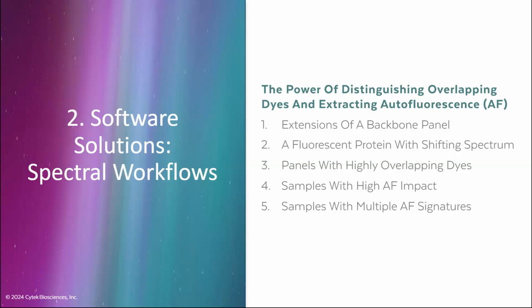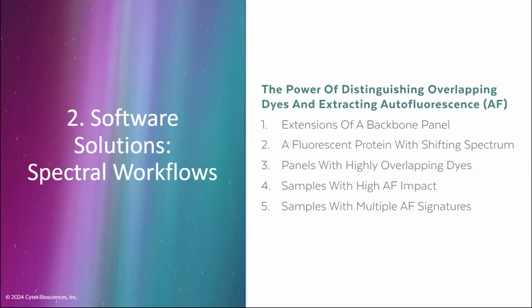I want to then highlight which applications you for sure need a spectral workflow. It's basically 2 cases. First, if you have highly overlapping dyes, the way to distinguish them is not having a peak detector, it's having the full signature. The other situation is when your autofluorescence becomes problematic and you need to extract it. So we will see 5 examples.